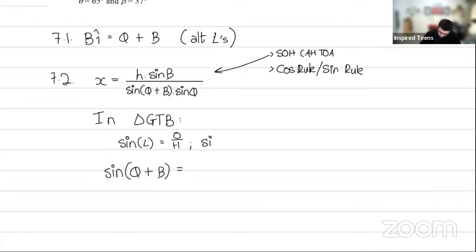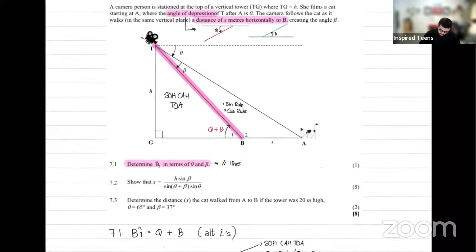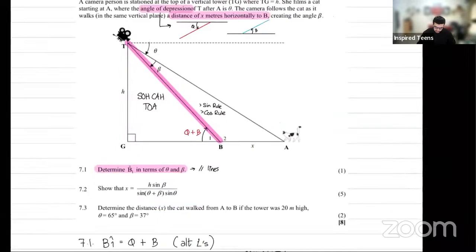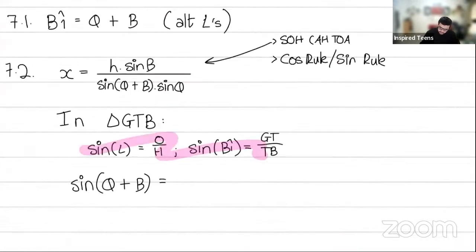And we know that sine B1 is equal to TG over TB. Again, you don't have to do this entire line. I'm just doing it for reference. You can just directly go to that.